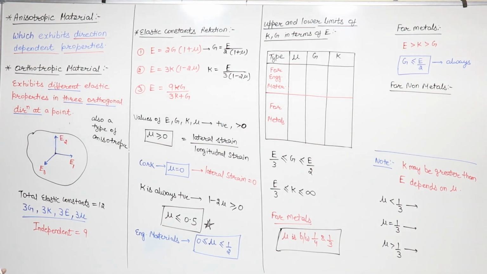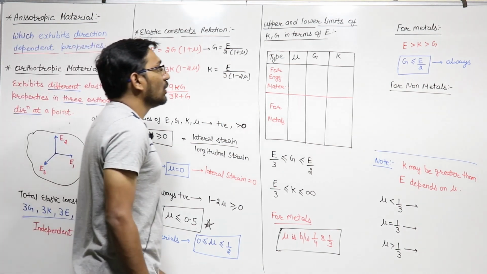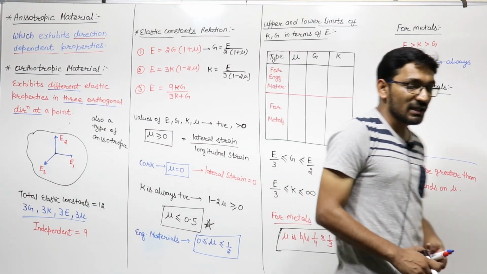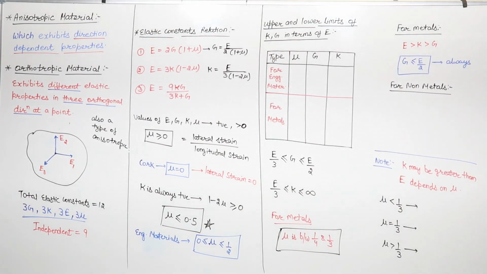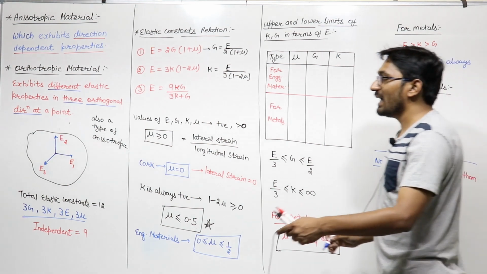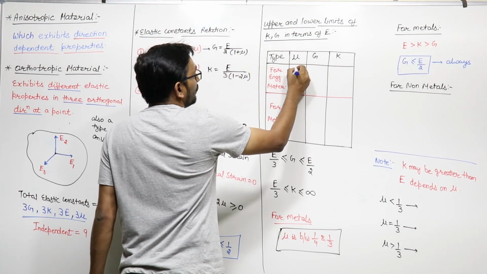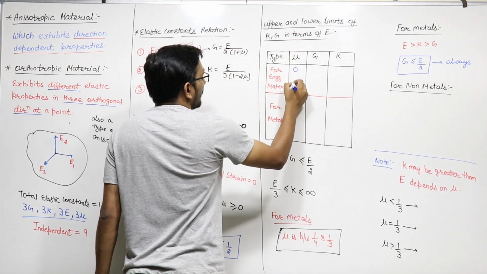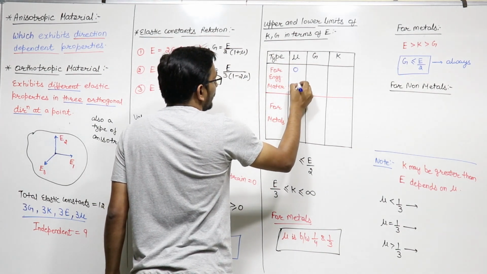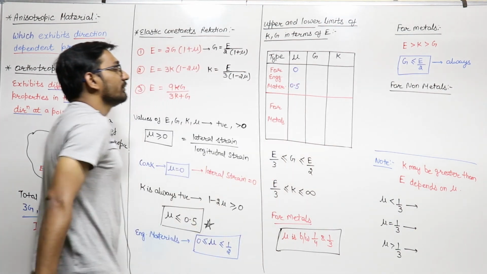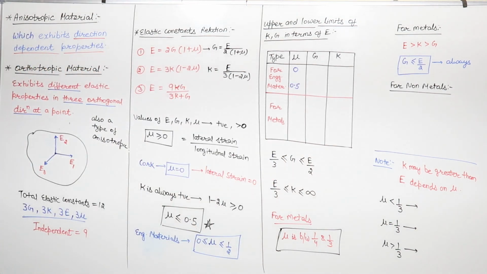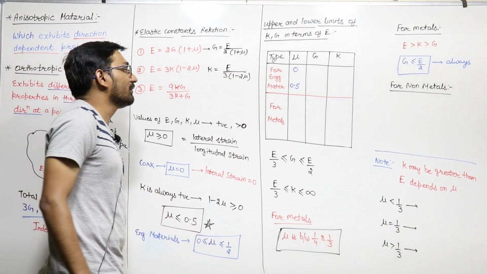Now if we want to find the upper and lower limit of K and G, that is, bulk modulus and modulus of rigidity in terms of elastic constants, then for all the engineering materials the lower limit of mu will be 0 and the upper limit of mu will be 0.5.